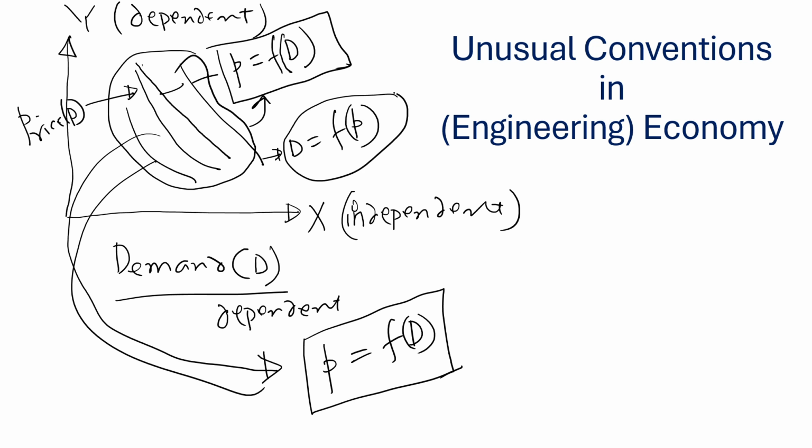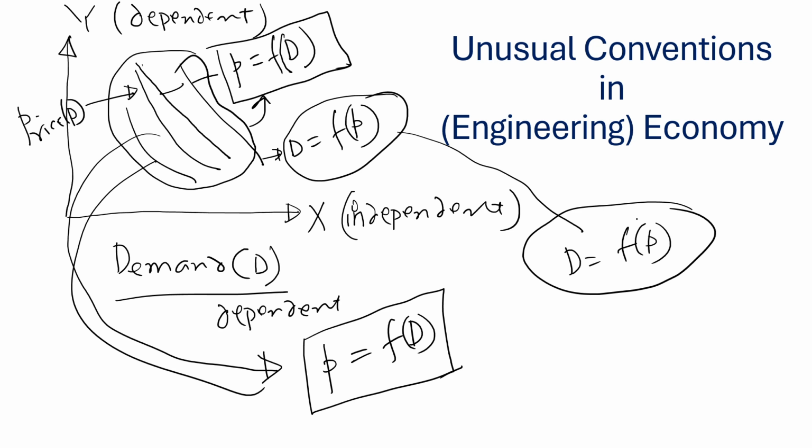However, because the reality is that demand is a function of price, many economic analyses and textbooks use this functional relationship, and both are used in textbooks. In our video series, we have used the first one.